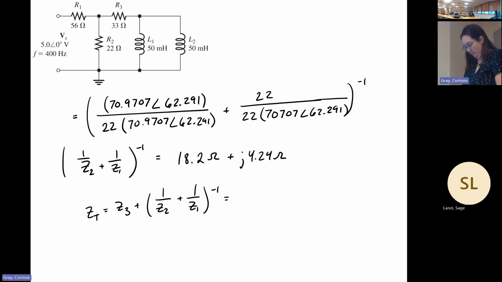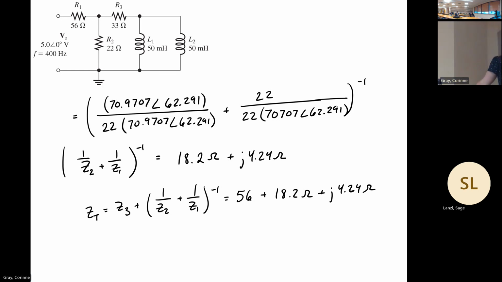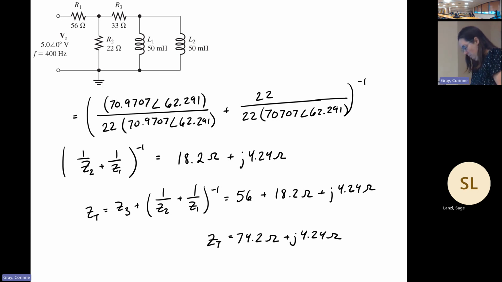So that will get me my 56 for Z3 plus 18.2 ohms plus j4.24 ohms. There's no other imaginary term, so I don't need to worry about changing those values. I just need to add the two real parts. I get that ZT is equal to 74.2 ohms plus j4.24 ohms.